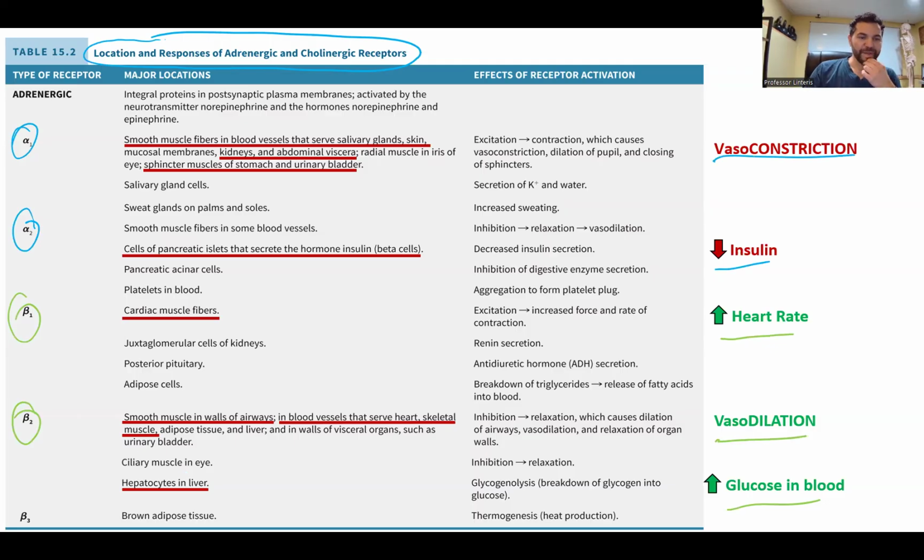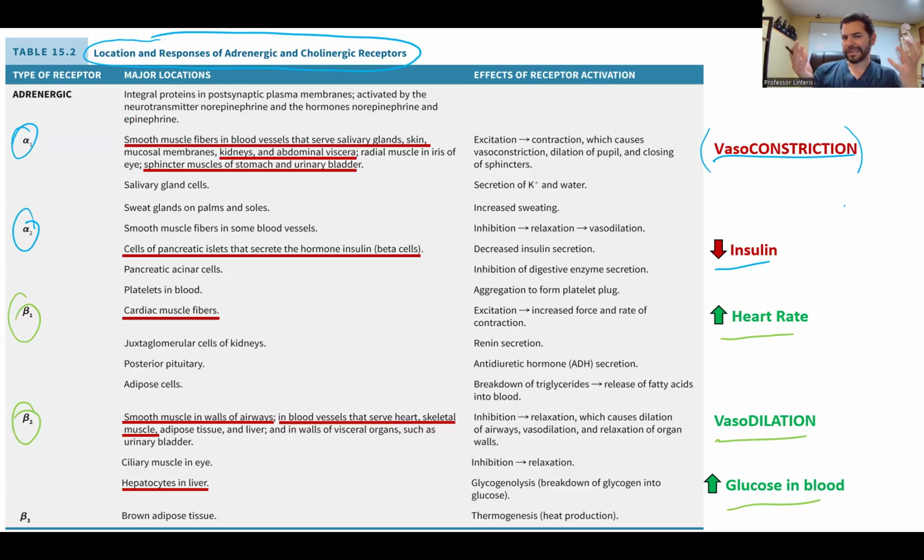Right? So if you released norepinephrine, right, onto something that had an alpha receptor, specifically an alpha 1, right? This is found in smooth muscle, right, in a variety of different regions, the kidney, right? It causes vasoconstriction, which makes sense, right?